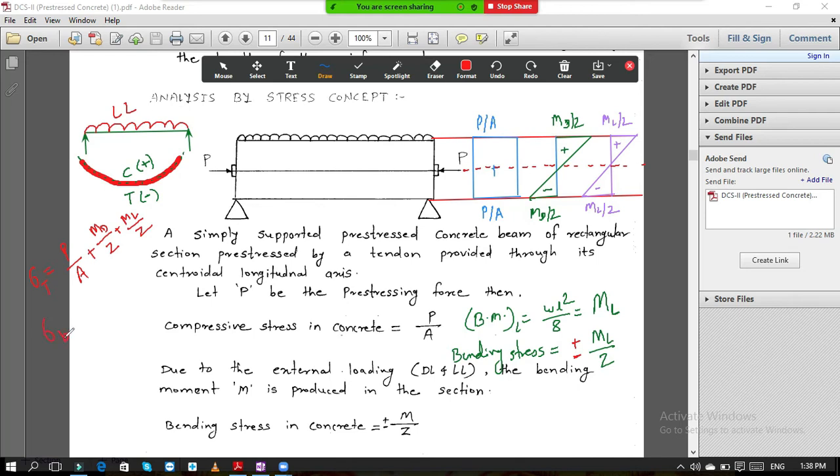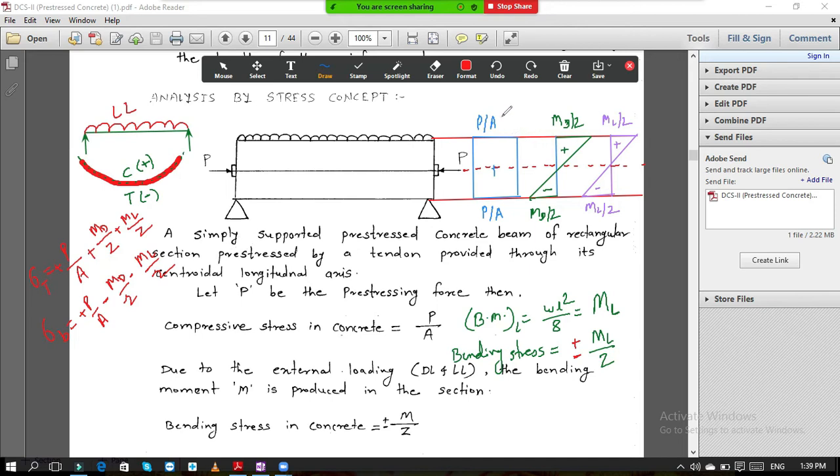And if I calculate the total stress at bottom, then here it is P by A, which is always plus, then minus MD by Z, and then minus ML by Z. This is the stress at bottom.